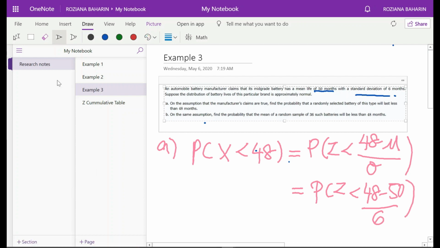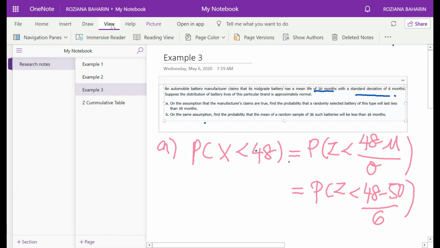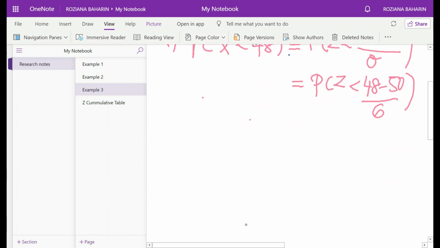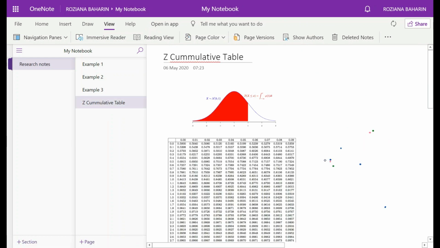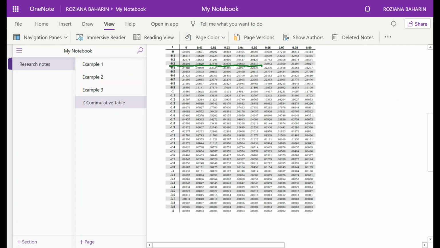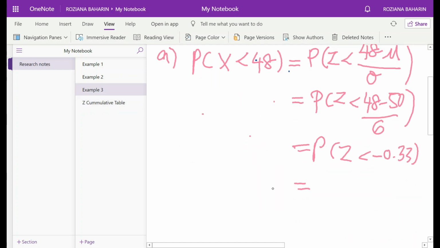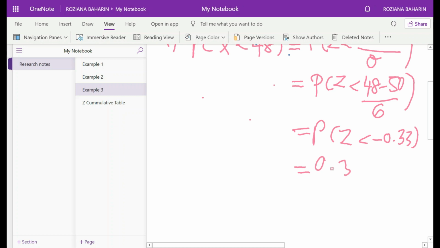So this one, it will be P Z less than negative 0.33. So you need to refer to the negative table here. 0.33. So what do you get here? 0.3707. So that's how you solve for the first one.